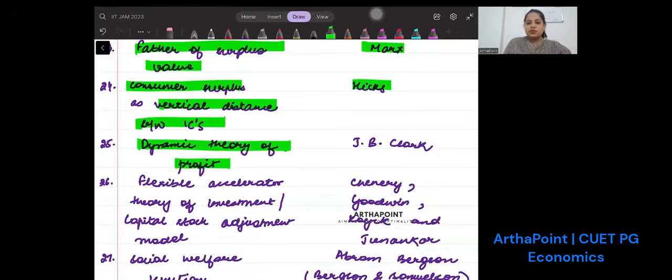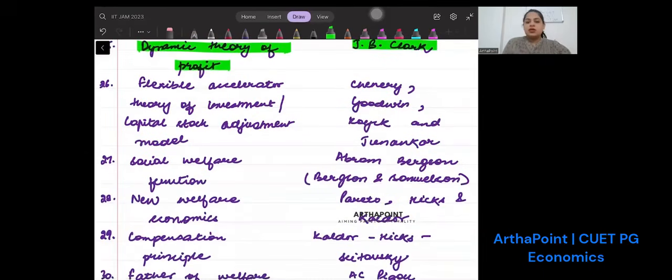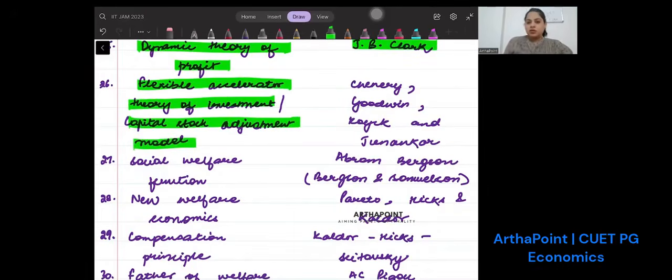Dynamic theory of profit was given by J.B. Clark. Flexible accelerator theory of investment, also called capital stock model, adjustment model, was given by Chenery, Goodwin, Koyck, and Jorgenson.